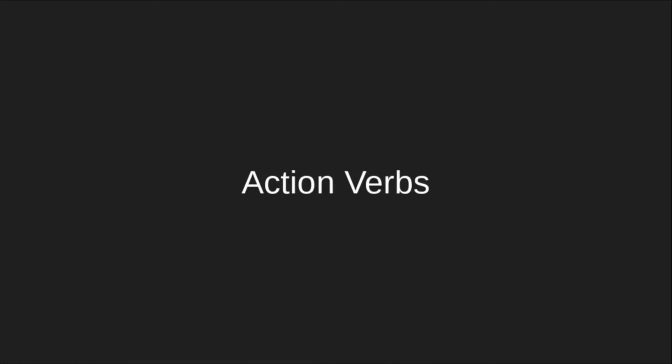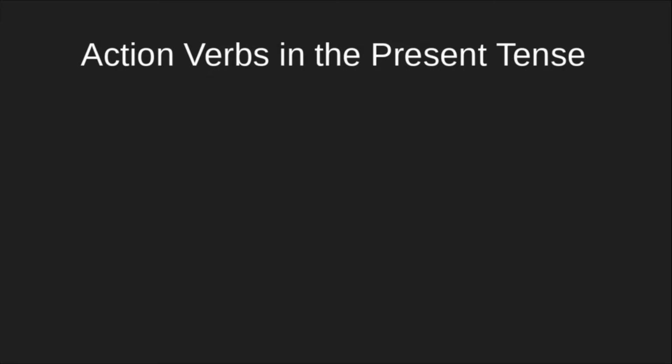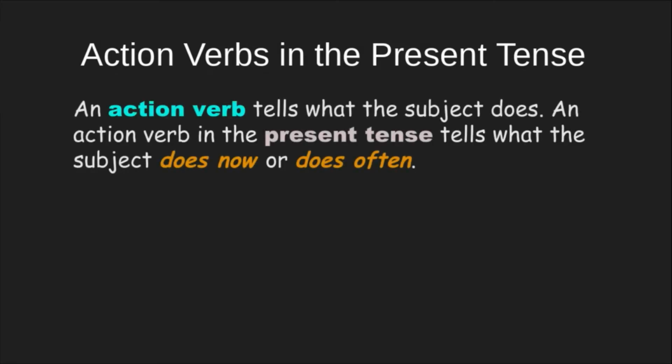Very good. So let's go ahead and look at the definition for action verbs. This is written in our textbooks. So an action verb tells what the subject does. An action verb in the present tense tells what the subject does now or does often.